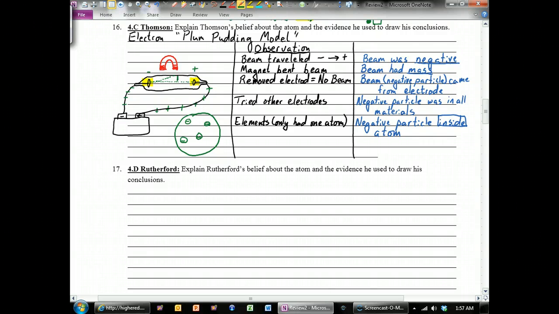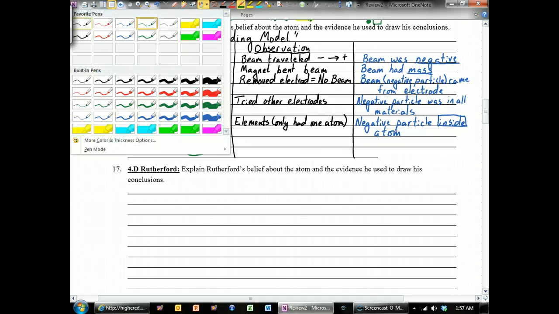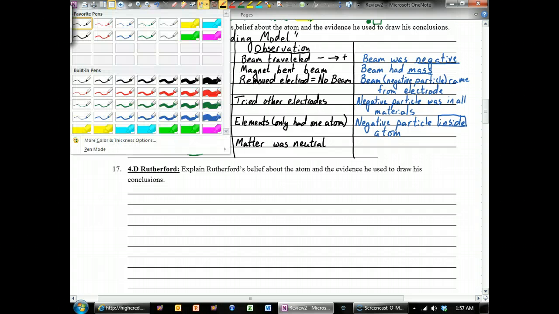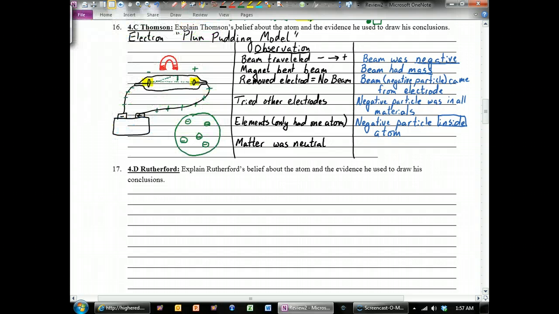So you can think of these as being part of or inside of the atom. Now, he quickly realized that if you have negative particles, all matter would be negative. But he knew that matter was almost always neutral. If matter's neutral, there must be positive charges inside of the atom.